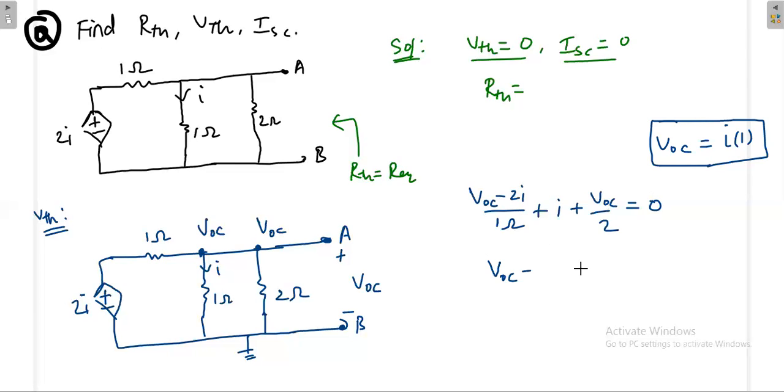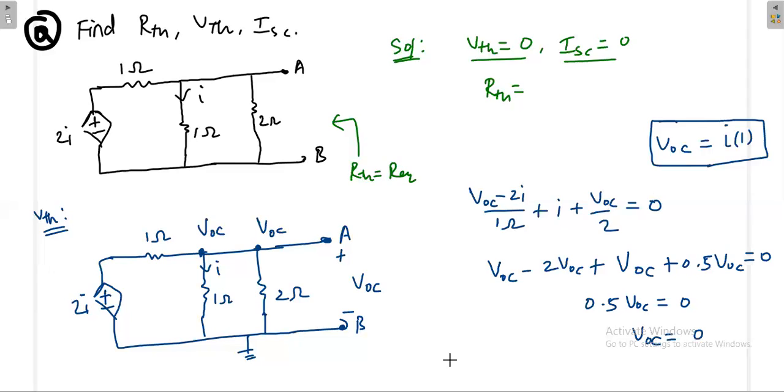So 2 VOC plus I means VOC, this is 0.5 VOC is equal to 0. So finally you are having only VOC. 2 VOC, 2 VOC cancel, 0.5 VOC is equal to 0. That means finally your open circuit voltage is equal to 0.